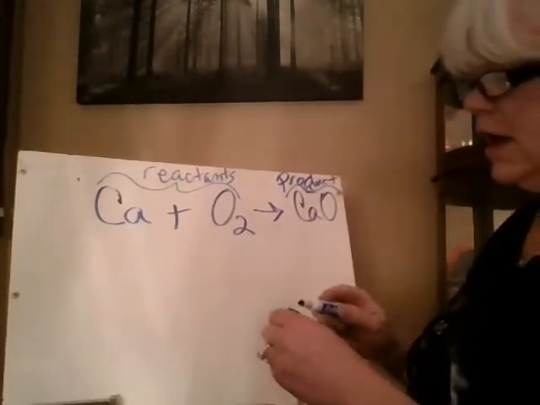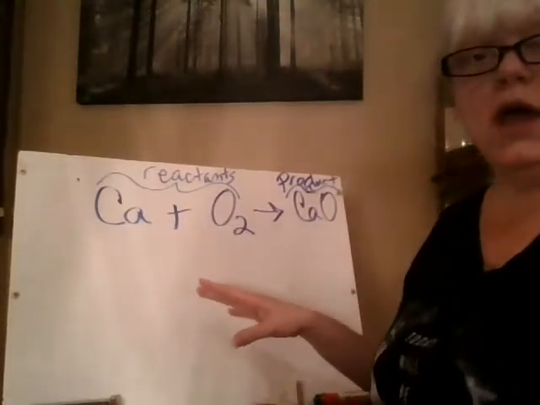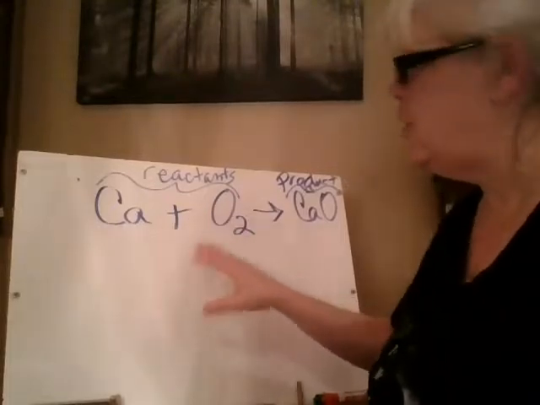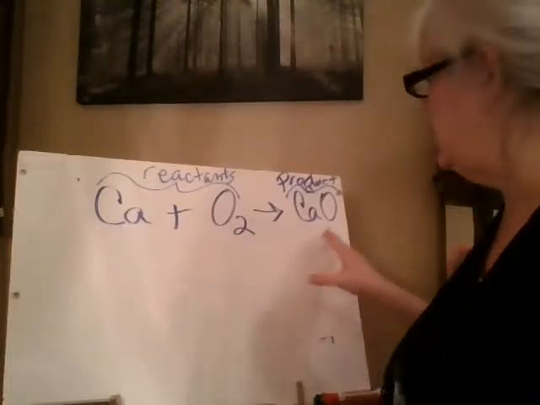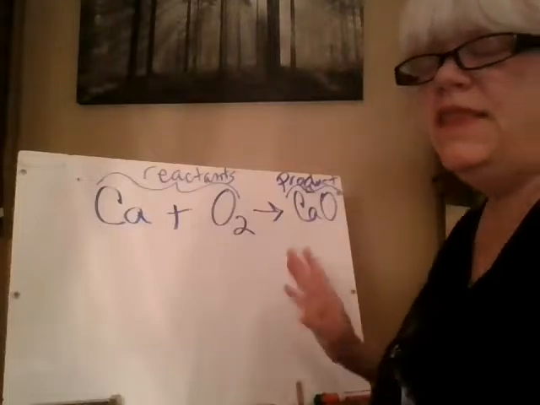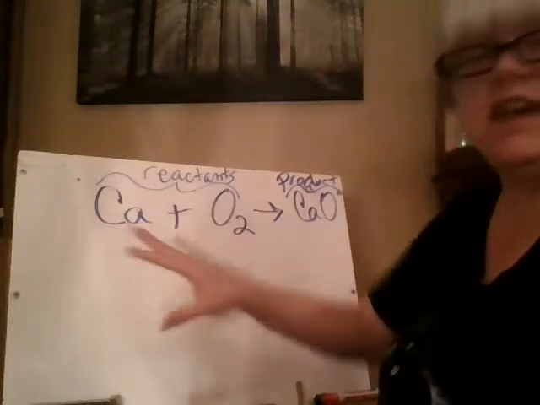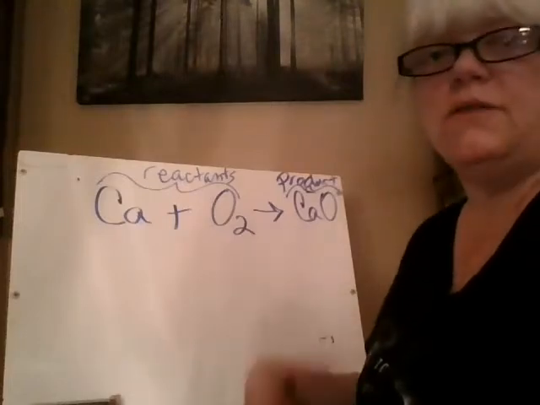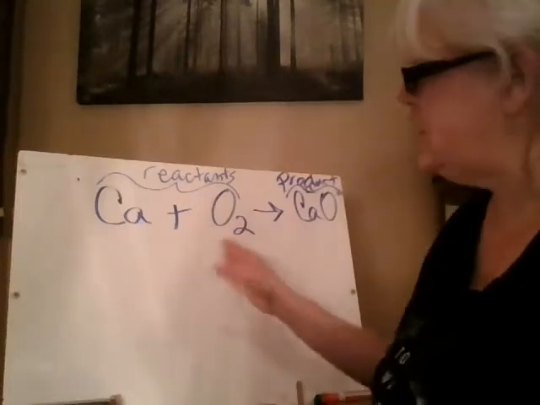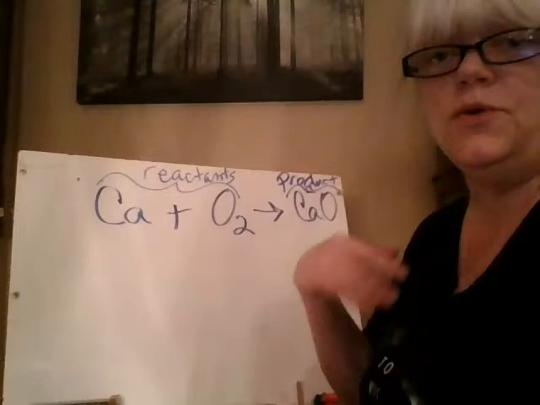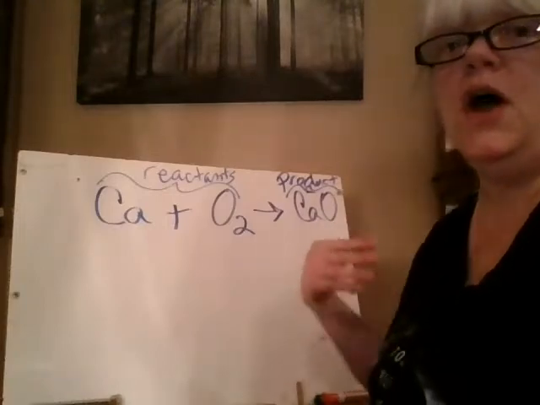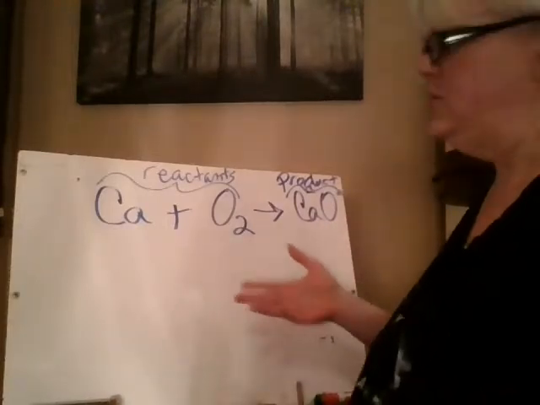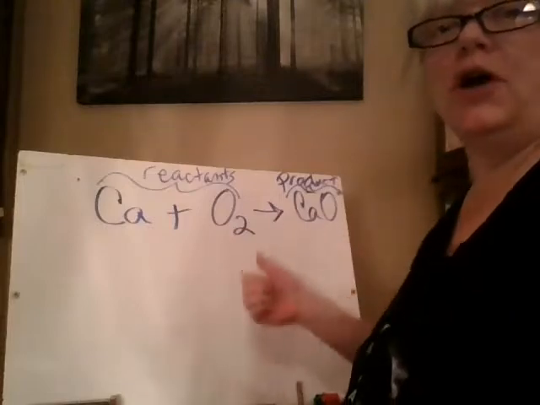Okay, now don't worry about the fact that there's 2 on this side of the yield sign and 1 on the other side. That's okay. You'll see that everything balances out. It doesn't matter. You can have one thing on one side of the yield sign. You can have 2 molecules. You can have 3 molecules on one side. But you don't have to have the same amount on each side.